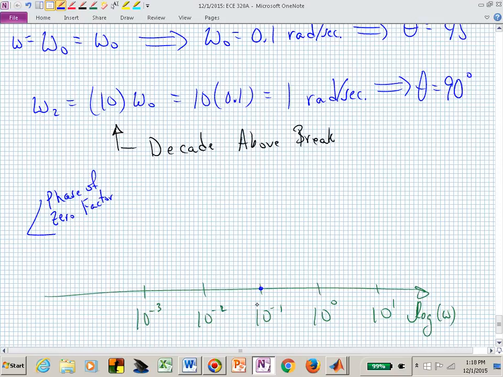That was right here, wasn't it? So now we go a decade before that, a factor of 10. We go a decade above that, and we identify 0 degrees. We identify 90 degrees. That's 90 degrees. We are now saying that we go there, and what are we at right at the break frequency?